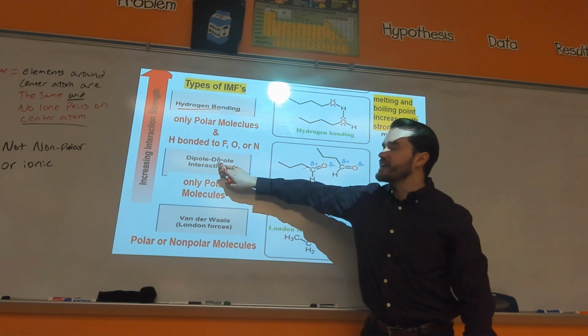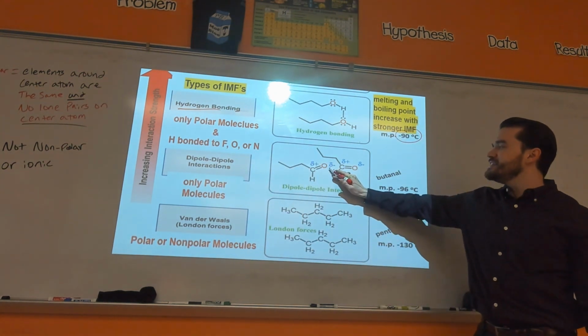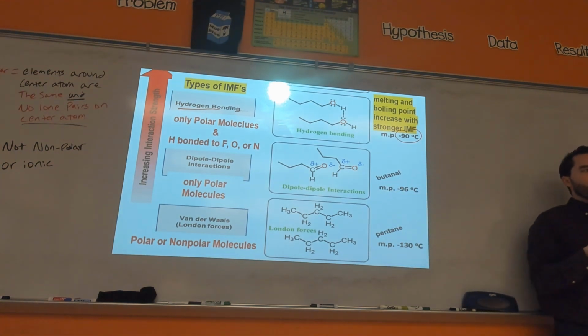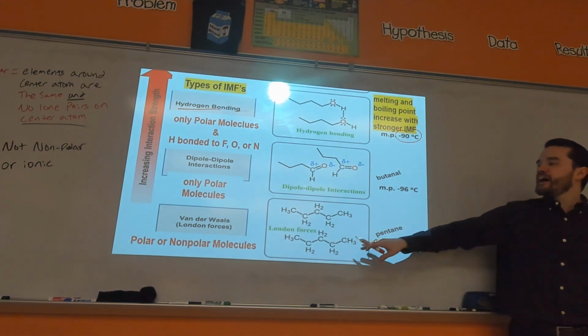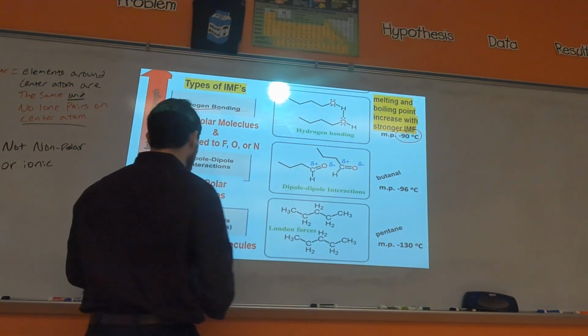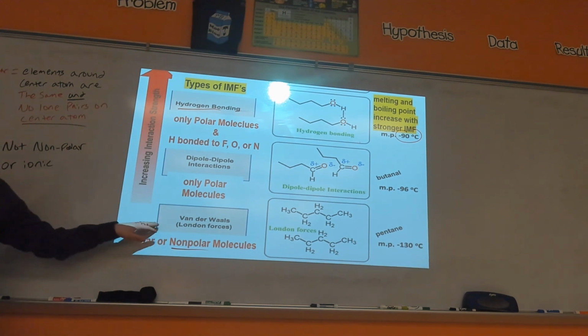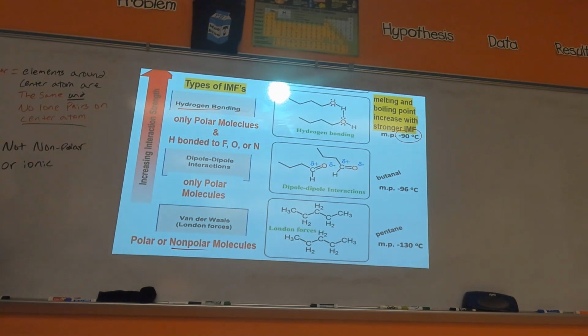If you're in the middle, dipole-dipole, like here's a dipole-dipole attraction, this would be in between in melting point and boiling point. And then finally, London forces. If you're a nonpolar molecule where you only show the van der Waals forces, you're going to have the lowest melting or boiling point. So this is a slide that brings everything together.